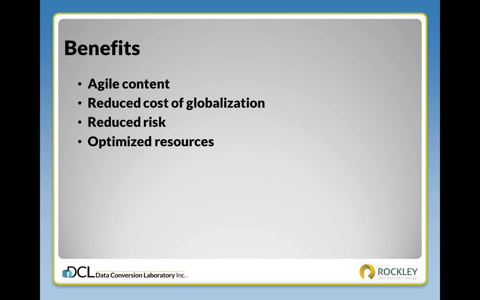The other thing that we find in terms of structuring our content and managing it more rigorously is optimized resources. This is not to say that we're reducing resources. Absolutely not. But what I find when we go into an organization is that the people are working flat out as hard as they can possibly work in order to ensure that it's accurate, that it's correct, that it's up to date.